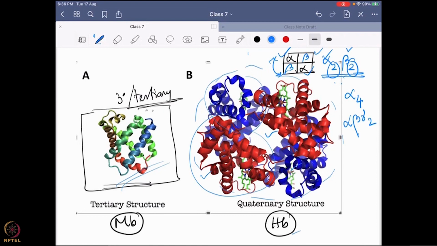When I say alpha, beta, gamma, delta, what I mean is their primary structure, secondary structure, and 3-degree structure are different. If all the things are the same, only then do I say they have the same overall tertiary structure. Does it answer your question? Yes, sir. Okay, any more questions?